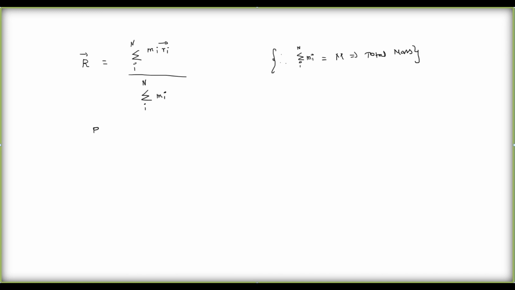From the equation it can be rewritten as R vector equals 1 by M times the summation over the n particles of mi ri vector. Okay, so then the summation of mi ri vector can be written as the total mass times R vector. We just have to cross multiply this one.